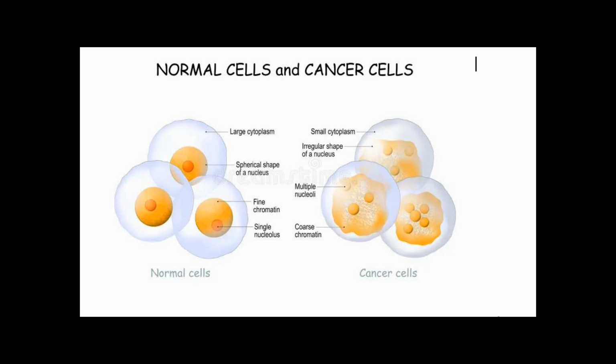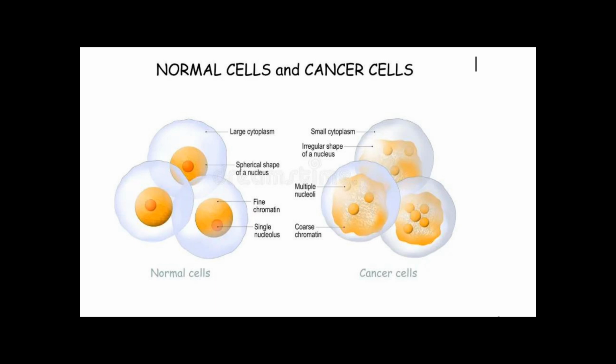That's why the color is even, wherever you look in the nucleus, it is the same color. Then the nucleolus is single, right? If one is present, we call it nucleolus, singular. But if more than two are present, nucleoli, right?